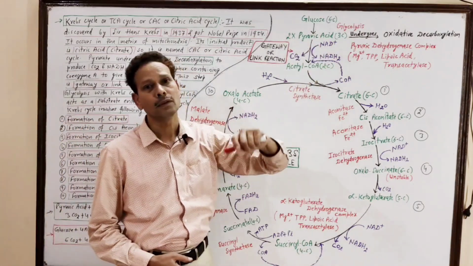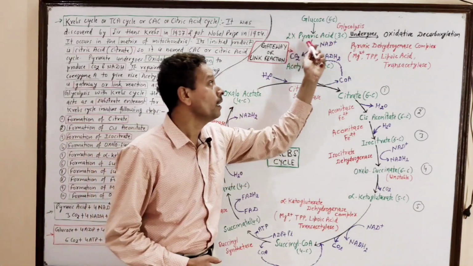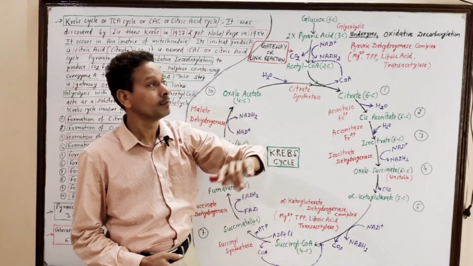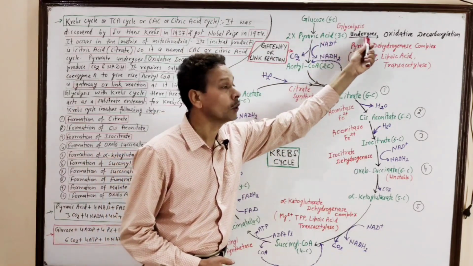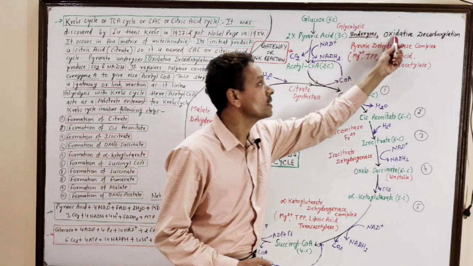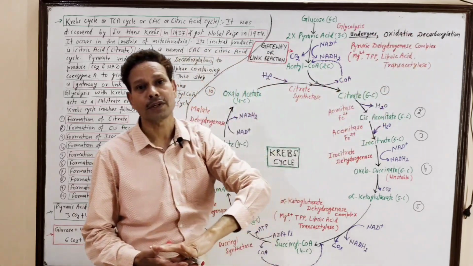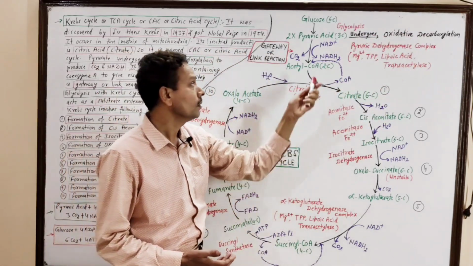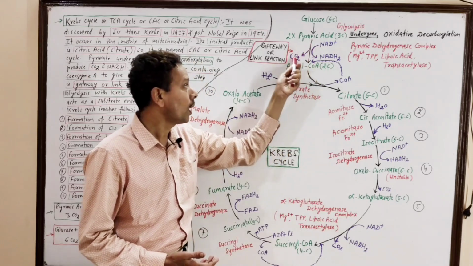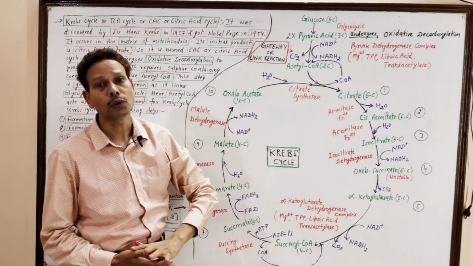The pyruvate, or pyruvic acid, the end product of glycolysis, undergoes oxidative decarboxylation. It removes one molecule of CO2.